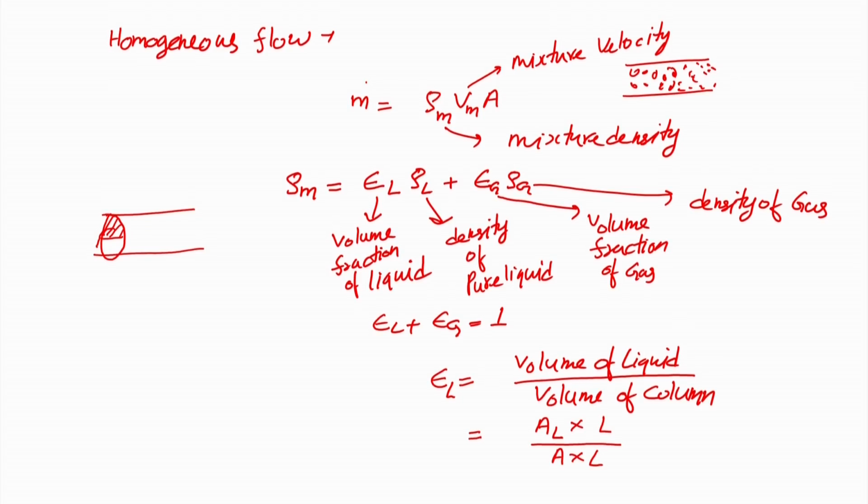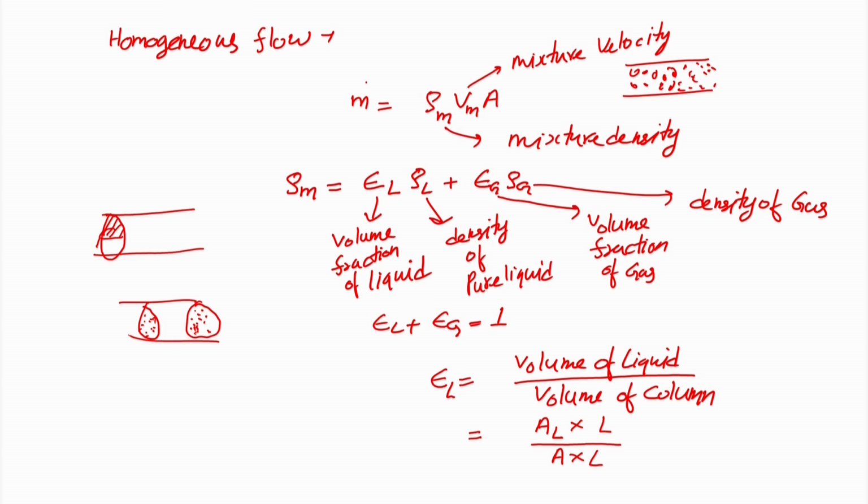Now, this AL can change with the length of the column, but the overall value of AL remains the same. It means if I am saying that 60% of the area is being occupied by the liquid, that 60% may change. That 60% can be distributed like this, somewhere like this, somewhere like this.